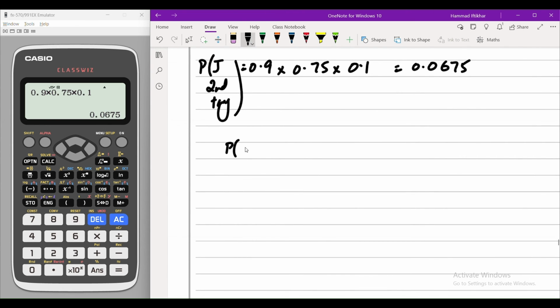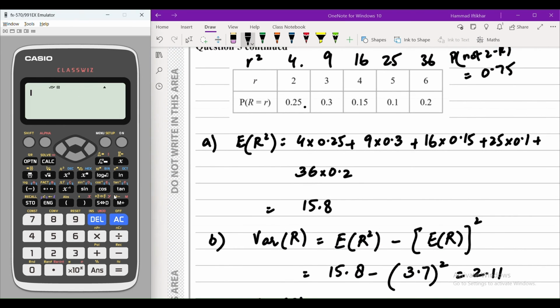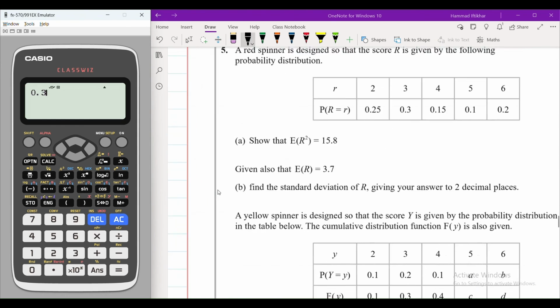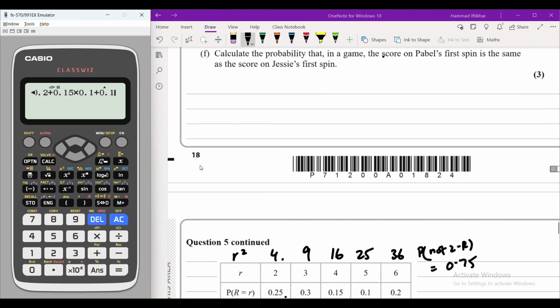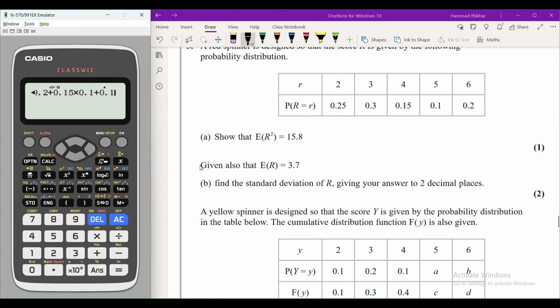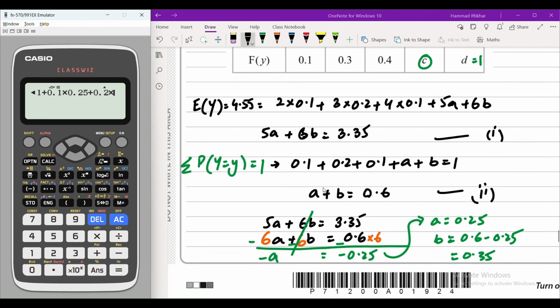So we have probability of, actually let's see this over here. 0.3 times 0.2 plus 0.15 times 0.1 plus 0.1 times A, we calculated it as 0.25, plus 0.2 times B, we calculated it to be 0.35.